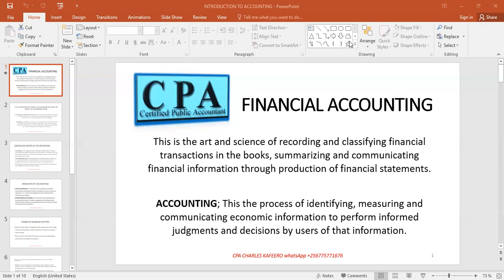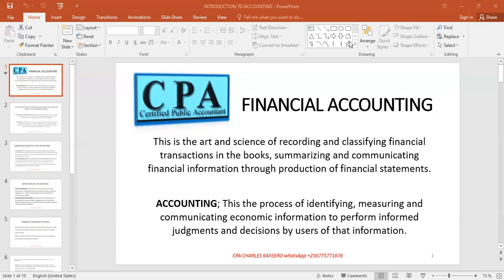But it is also a process whereby you first record the information. By recording, you have to classify, because whatever transaction you make, you record it in those source documents.